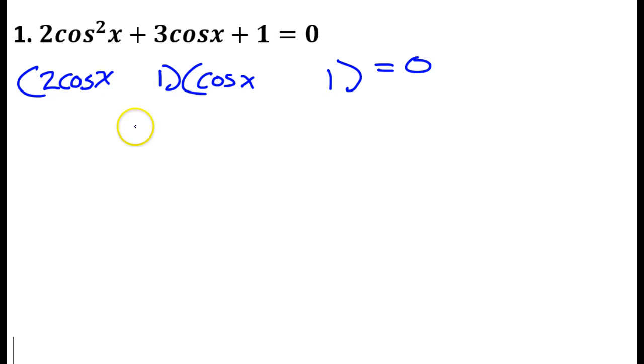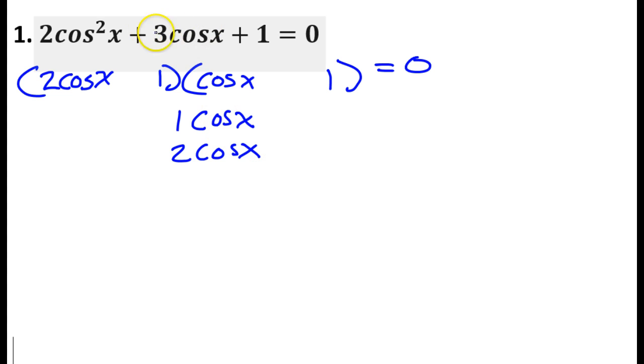Still, inner plus outer must equal middle. Now inner, I have 1 cosine x. Outer, alright, if I multiply those, I have 2 cosine x. I'm trying to get a middle of 3 cosine x. So that means I need these just to stay positive. So that means this is positive and this is positive.